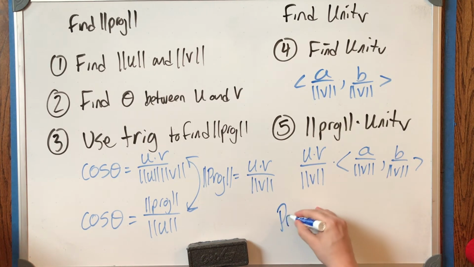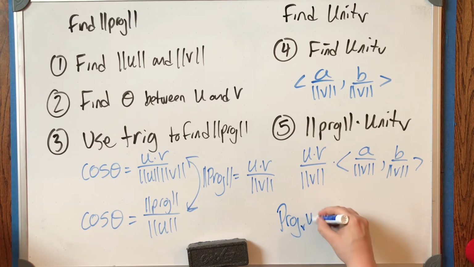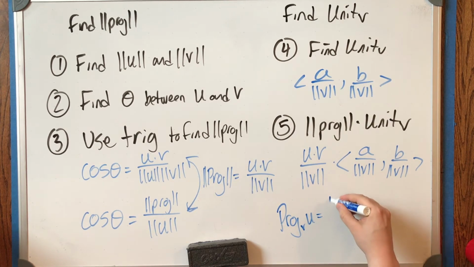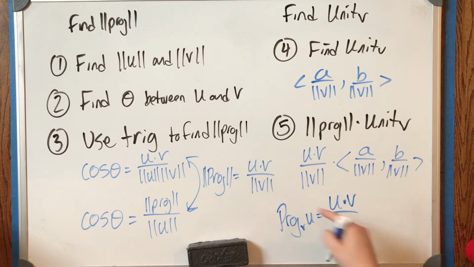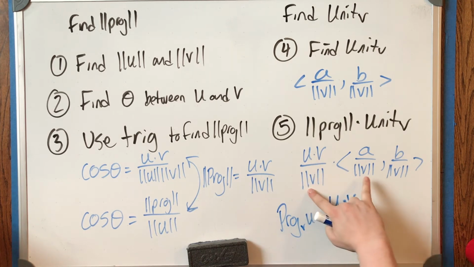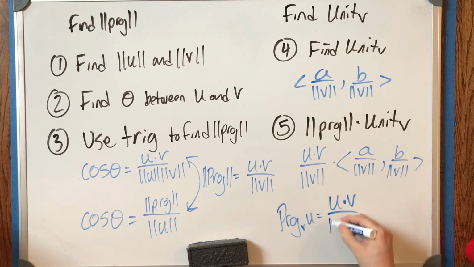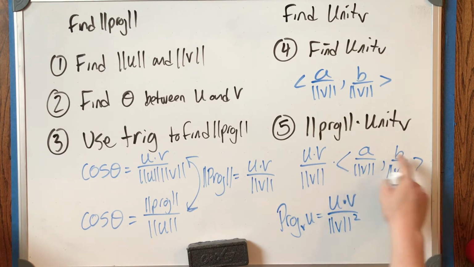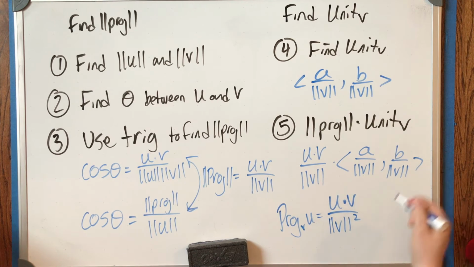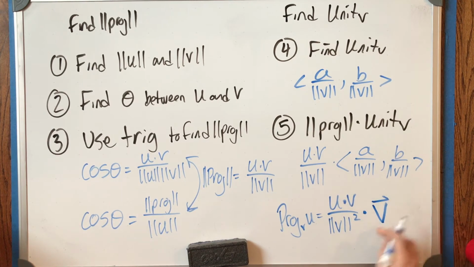So the projection vector, the actual vector, not its length, is equal to the dot product of u and v over the magnitude of v squared, which some of you might remember is actually v dot v, if you wanted to write it that way. I wouldn't recommend that. And then it would be times the vector a comma b, which is the vector v. So I can just write times vector v.